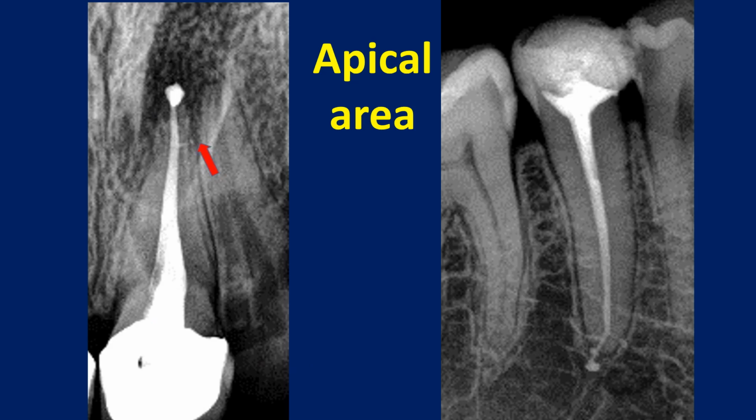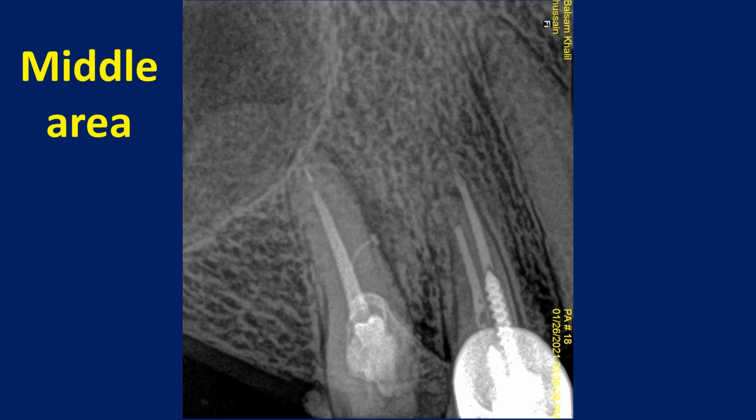In the apical region, we may see one lateral canal, we may see two lateral canals. In the middle area, we can see the lateral canal is available and associated with a laterally positioned lesion.